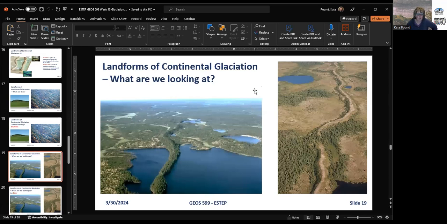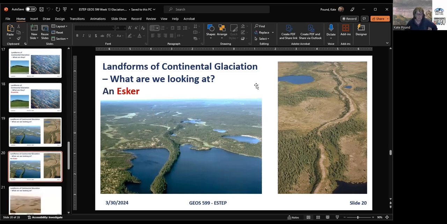Okay, what are we looking at here? These are both aerial views. I want you to draw your attention to this feature here and this feature right here. Okay, we're looking at eskers. I believe this is, I can't remember the name of the big esker that runs kind of north-south in Canada.